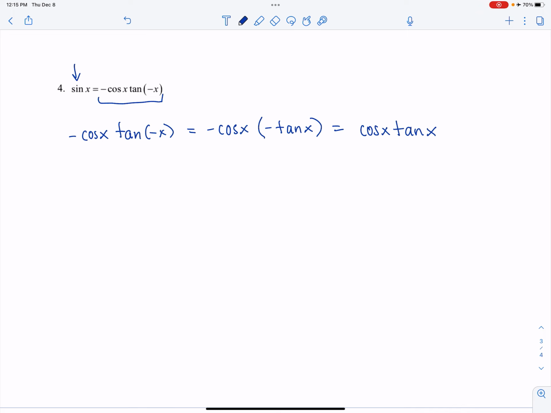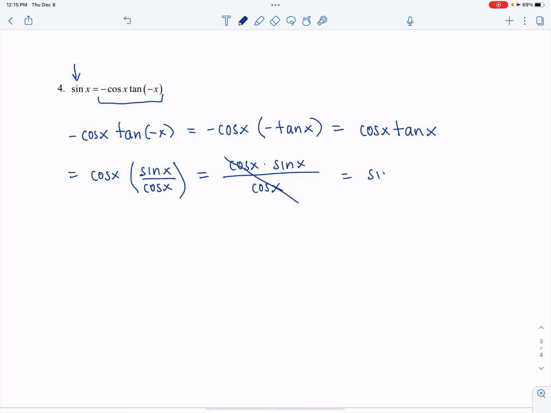And now, since I have a cosine, I'm going to rewrite tangent in terms of sines and cosines. So cosine I'm going to leave alone, but tangent is sine over cosine. And if I multiplied these out, I would have cosine times sine over cosine. And these cosines would cancel each other out, which leaves me with sine, which is exactly what I wanted.